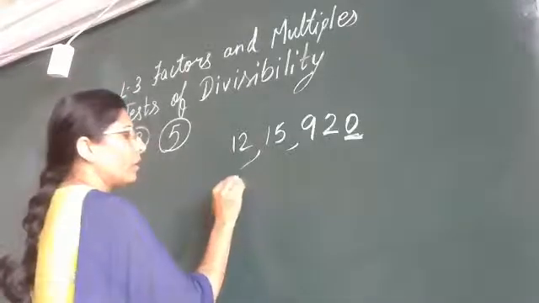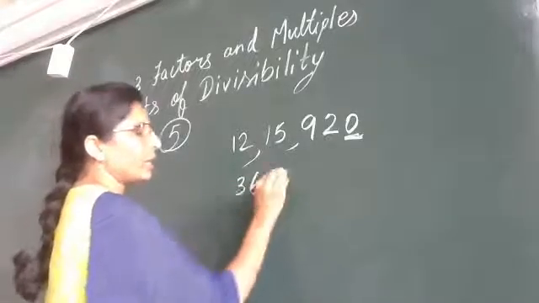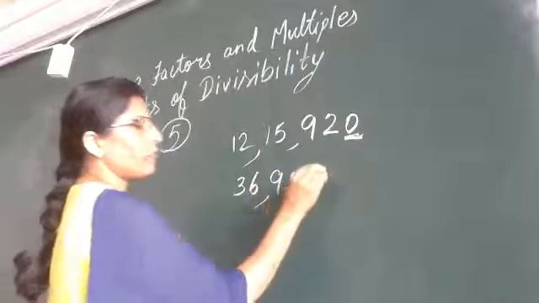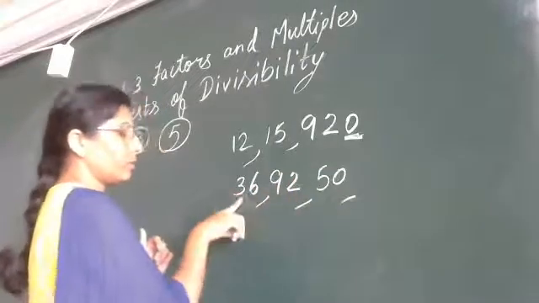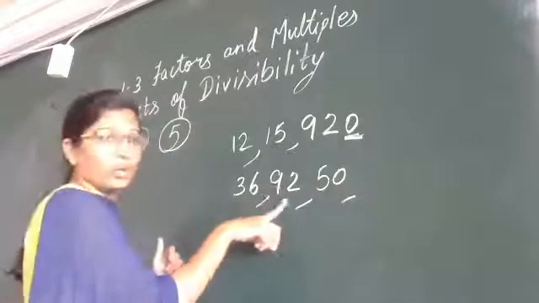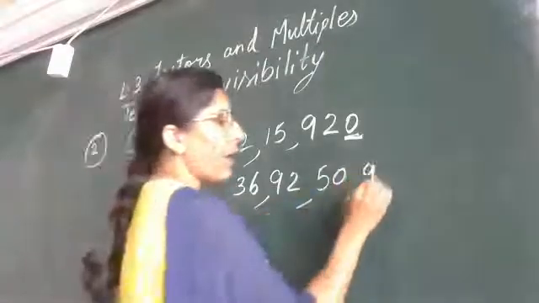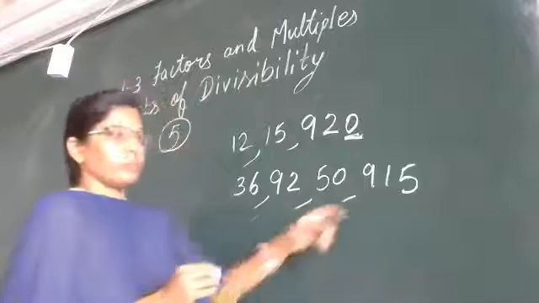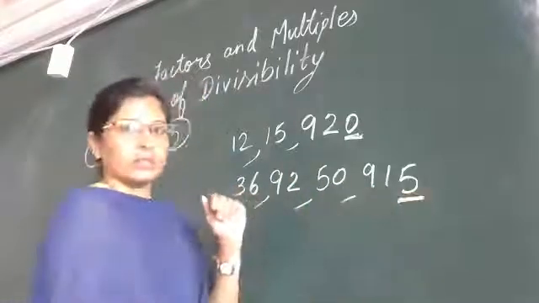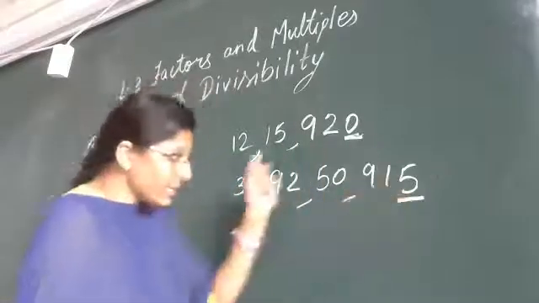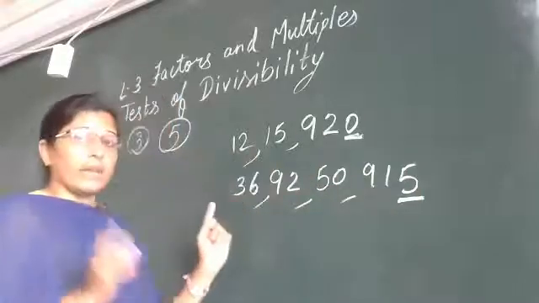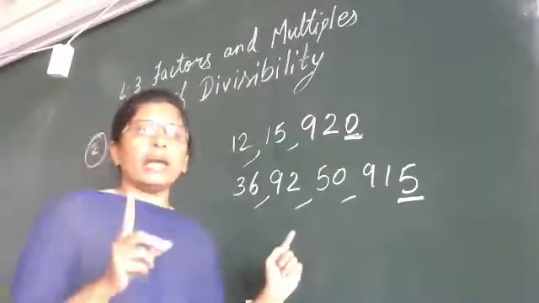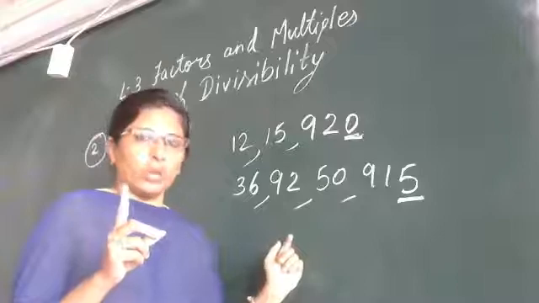Or if 36 crore 92 lakh 50,915. 5 is there. It is divisible. This full number, when you divide, you will get the remainder 0.